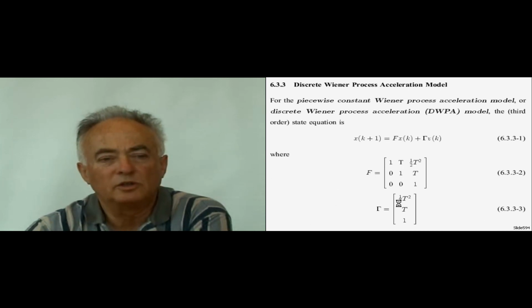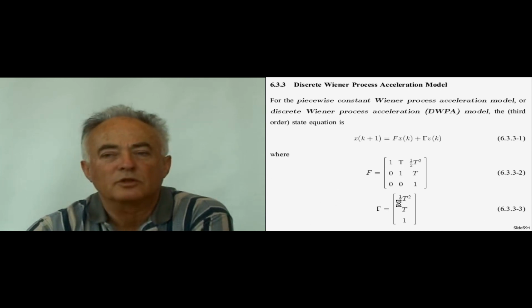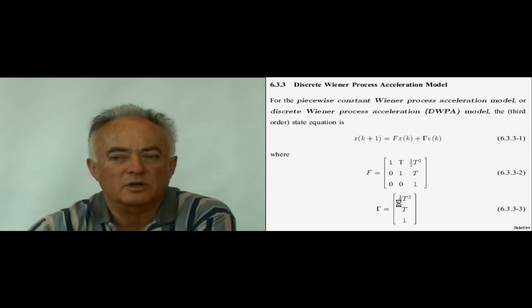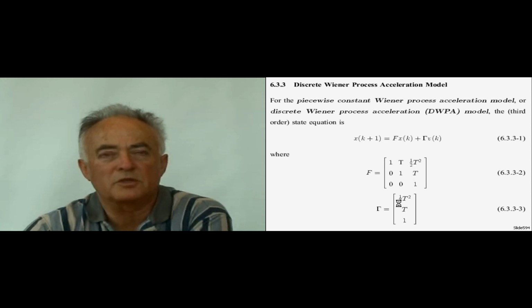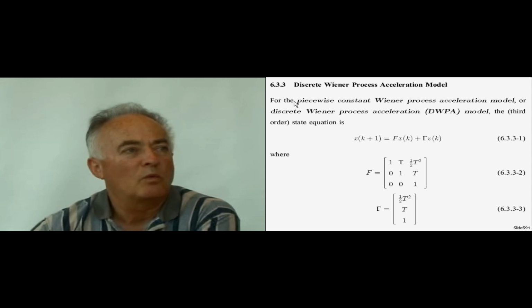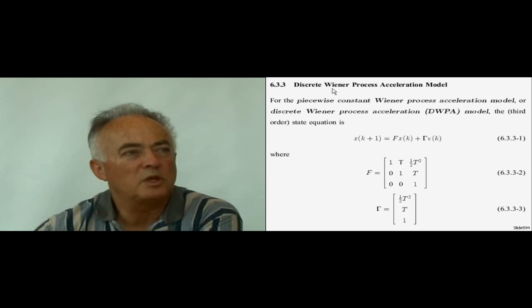There is a third order model which says that it is not the acceleration that is a white process, but now the jerk is a white noise process, so the acceleration will be a Wiener process, the integral of the jerk. So this takes us to the discrete Wiener process acceleration model.